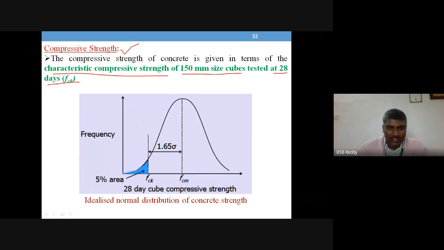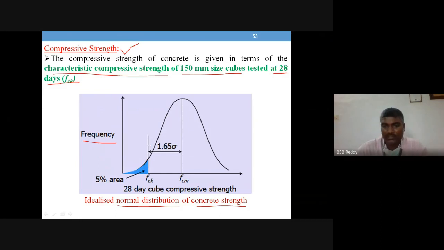The diagram you see here is the normal distribution diagram for concrete strength. On the x-axis we take the 28 days cube compressive strength, and on the y-axis it is frequency, that means the number of samples taken. In general, what does this mean? Not more than 5% of the samples you have taken shall fall below the characteristic strength of the concrete.